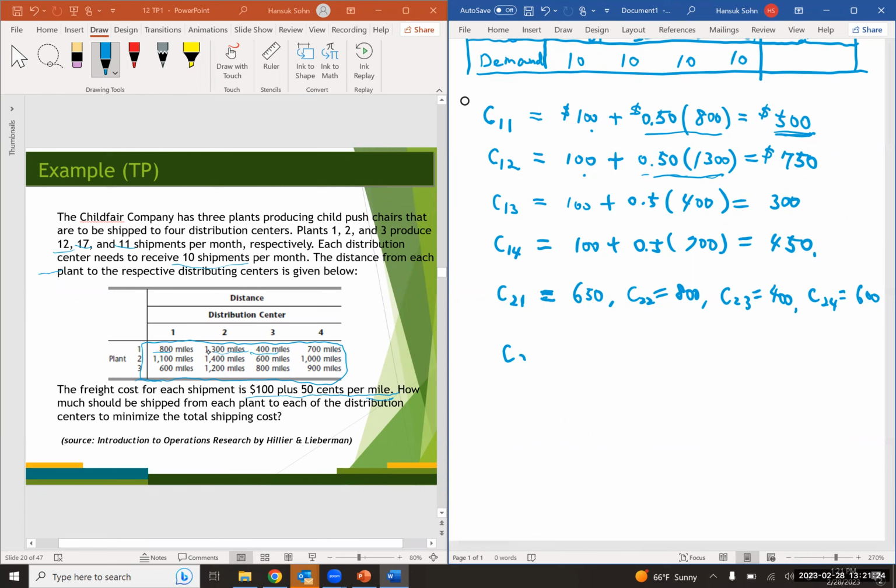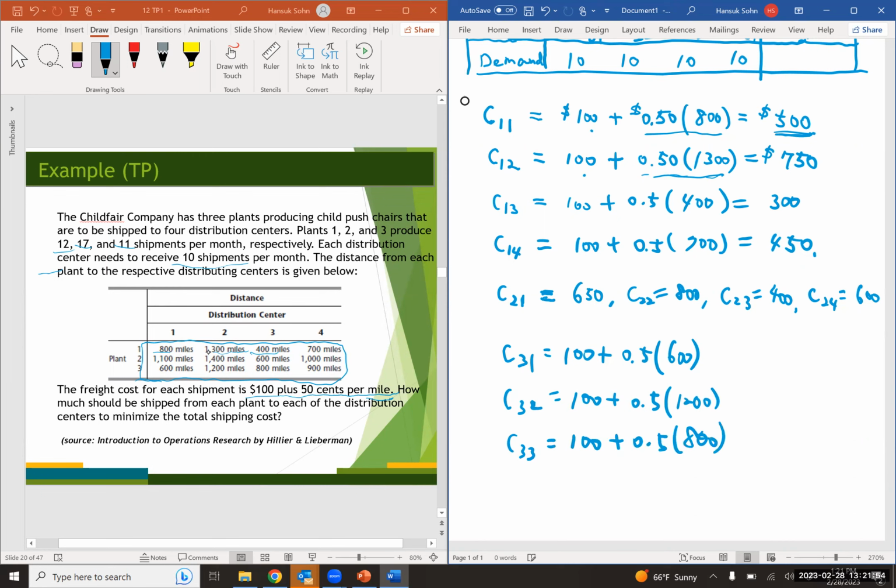Okay, similarly, how about 3,1? Let me just write down. Okay, probably better. C 31, 100 plus 0.5 times 600. C 32, 100 plus 0.5 times 1,200, right? C 33, 100 plus 0.5 times 800. C 34, 100 plus 0.5 times 900. So how much are they?